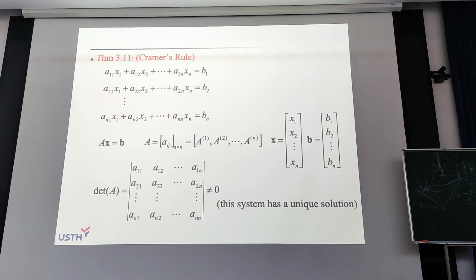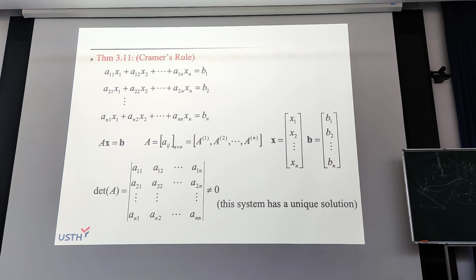And the last application of determinant is Cramer's rule. Cramer's rule says, suppose that we are given a system of n linear equations with n unknowns, like that.